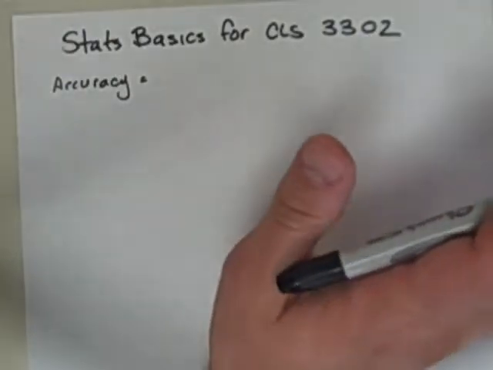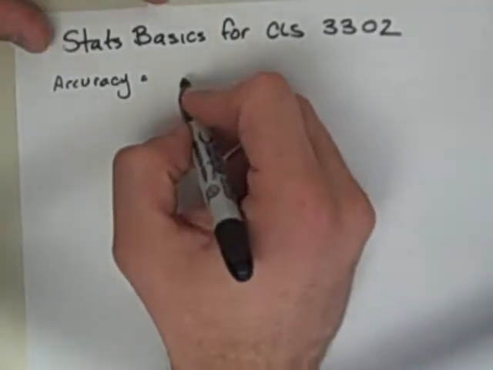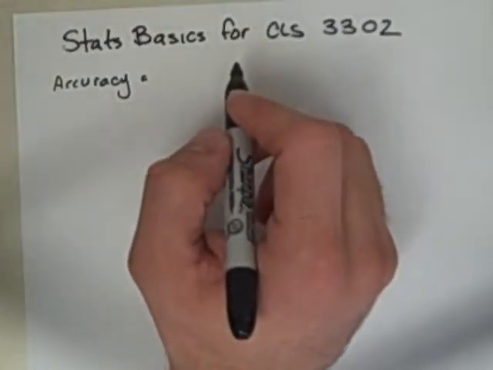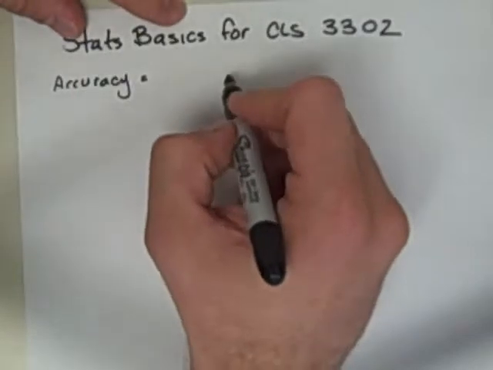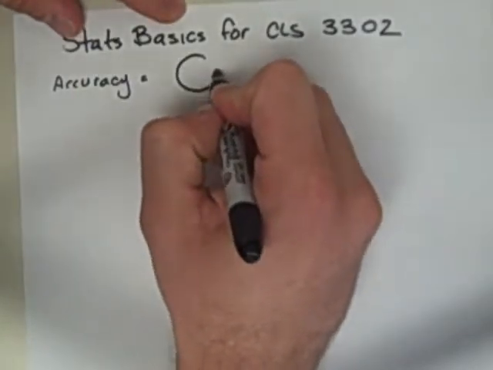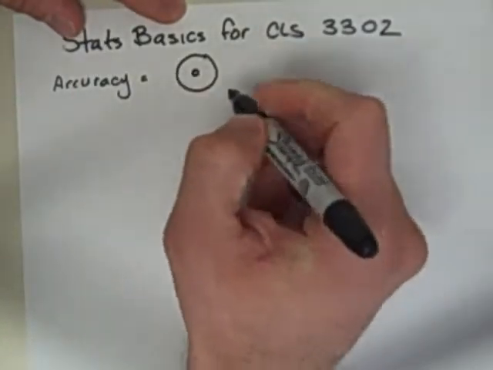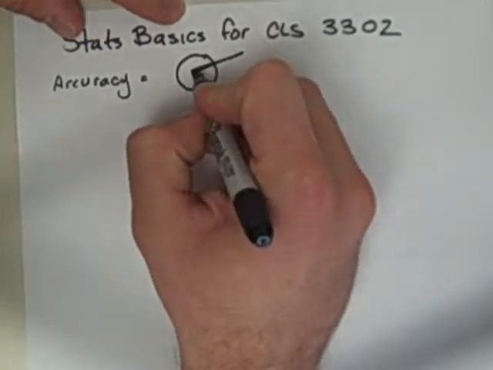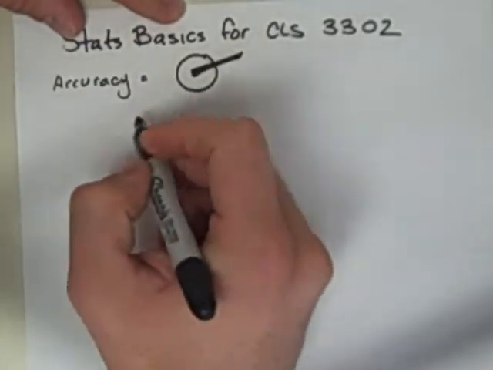I know the triple 20 is worth more than the 50-point bullseye, but accuracy is basically the distance from the target. So if my target looks like this, with the bullseye in the middle, accurate would be hitting right on that bullseye. Does that make sense?